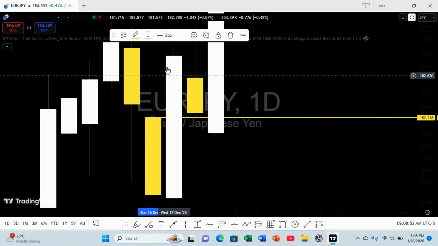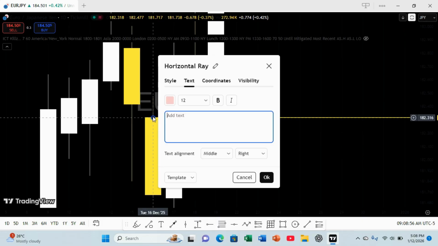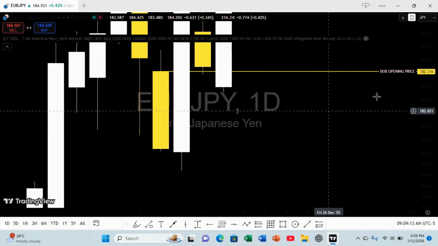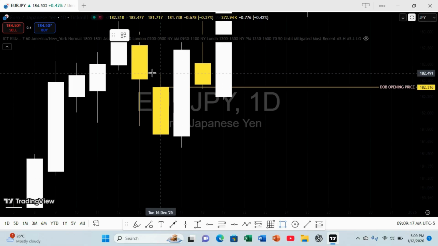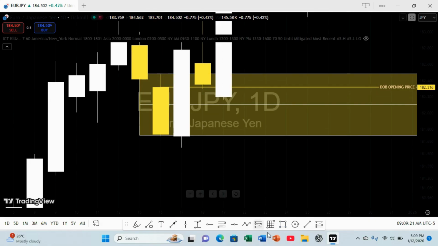So I normally label it daily OB opening price, and also a half of this order block.